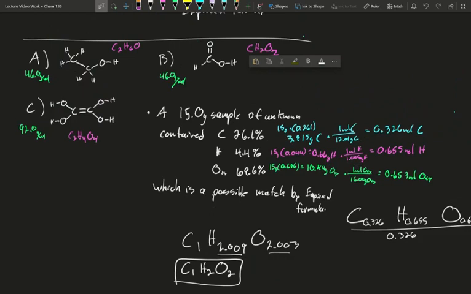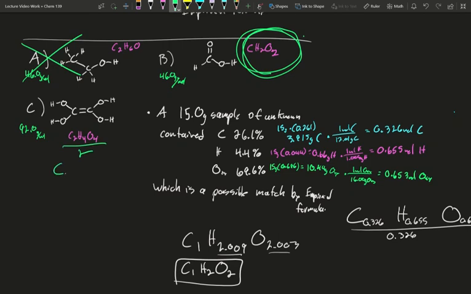If we go back and look at our formulas, my first formula does not have more hydrogens and oxygens than carbon. So A is out. The empirical formula does not match the formula for A. C1H2O2, it does work for B, but remember we could divide C by 2 and also get C1H2O2.